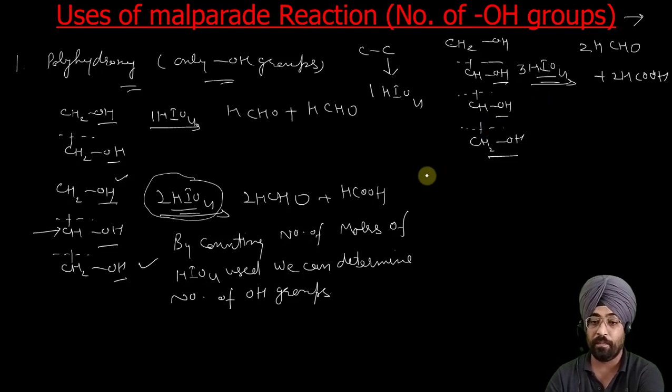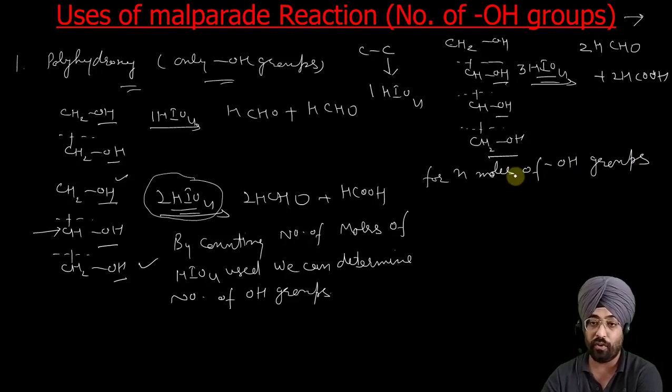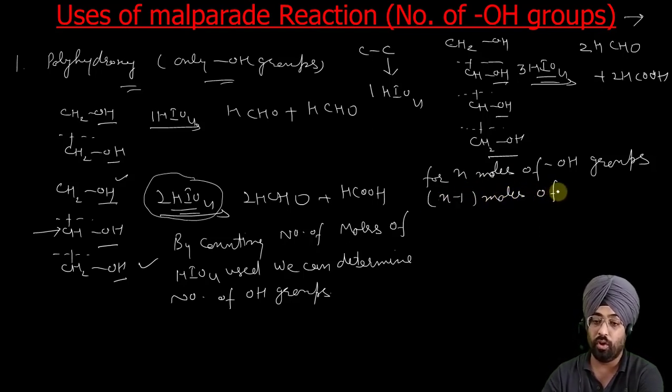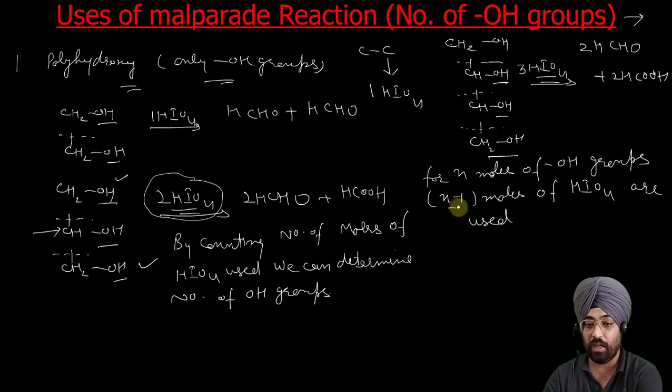So we can say for n OH groups, n minus 1 moles of HIO4 are used. So after measuring how much HIO4 has been used, we can find n. If we know n minus 1, we can find n.